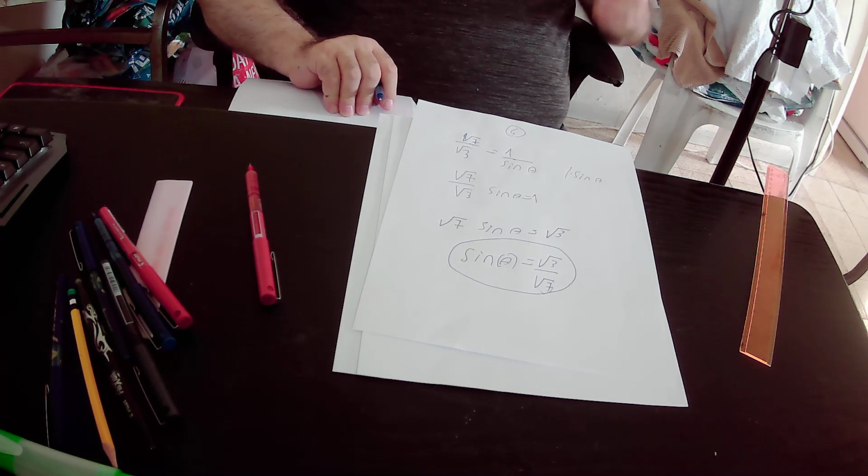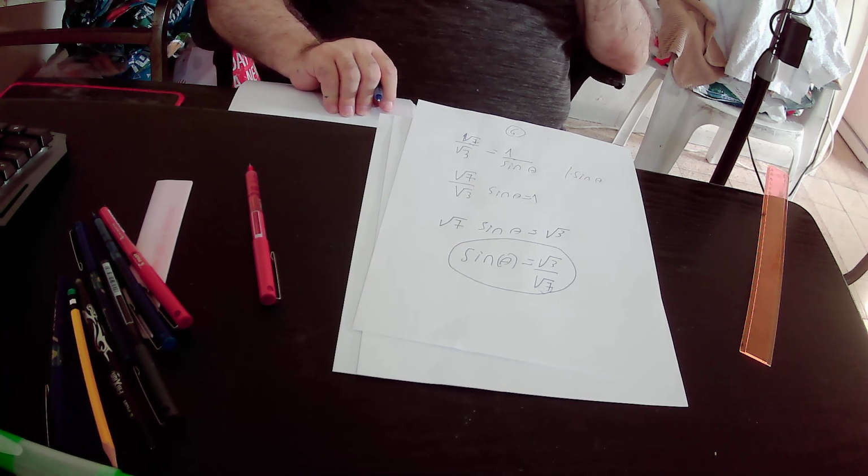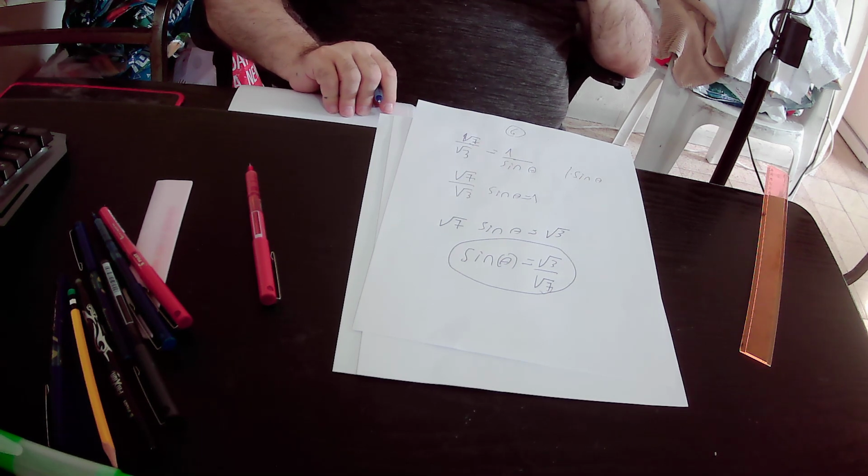In the next step, we'll find out the value of cosinus theta. We will present a trigonometric identity, and from the trigonometric identity we will get the value of cosinus theta.